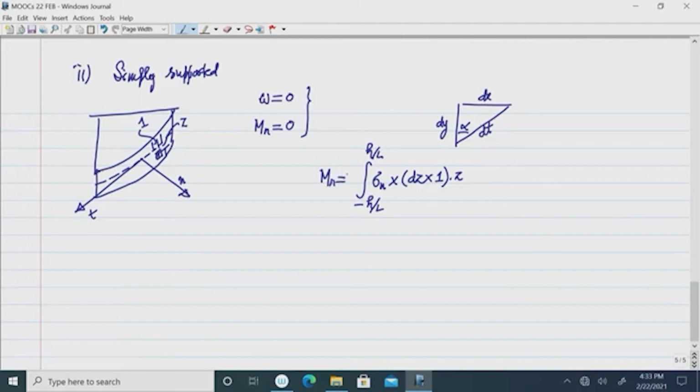Now, we have to obtain this sigma n from first principles. If this is your direction x and this is direction y, along the edge where the x axis is normal, this is your sigma x, and along the edge where the y axis is normal, this is sigma y.